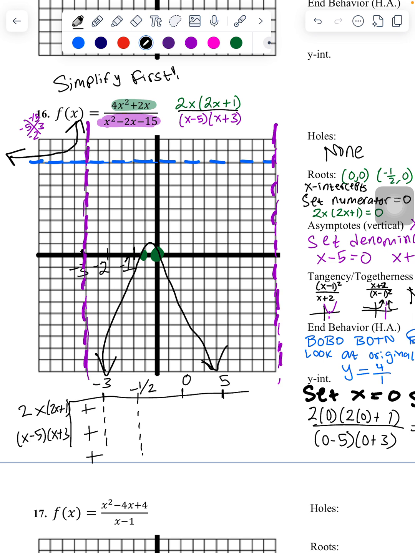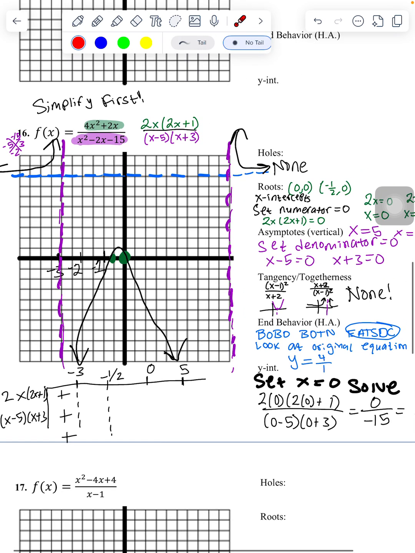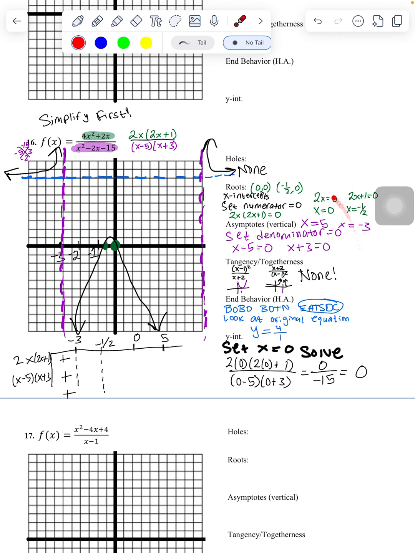What I also know is that I do not have any tangency, so I have no bounces here. I know I'm going to go through both of those. This is going to look really weird, but that's my graph. I'm going to be going in the opposite direction here, and I'm also going to be going down on that side, which means if I were to continue off this graph, it would be up here.